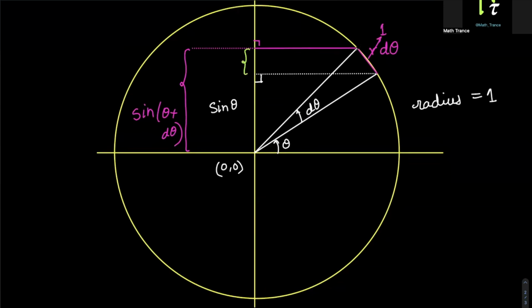Now consider this triangle. This is also a right angle triangle. If this angle is equal to theta, right? And this angle is also equal to theta, right? Now this line is tangential to the radius.